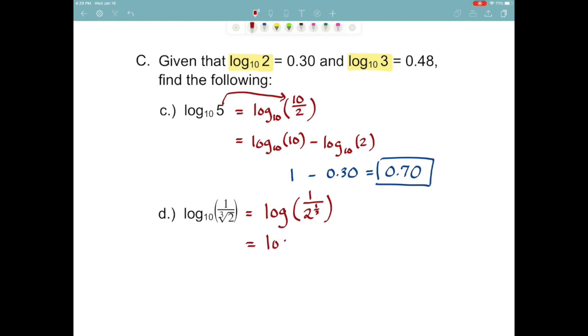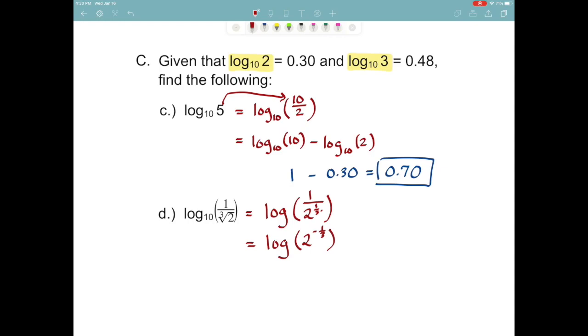I think it's been pretty popular today in class to take our 2 to the 1/3 power and move it to the numerator. If we move it up there, remember our exponent is going to become negative, but that is a possibility. So we have log of 2 to the negative 1/3 power.